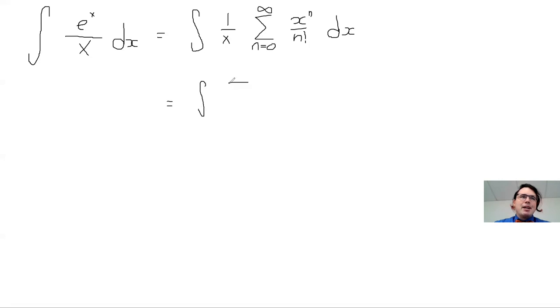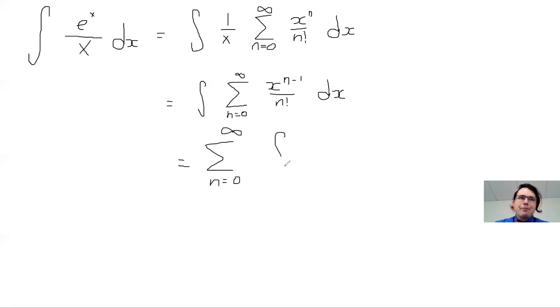Now I'm going to divide everything I see by x, which means that I'll have the sum from n equals 0 to infinity of x to the power n minus 1, all divided by n factorial. Integrate with respect to dx, and bring the integral sign inside, see what I get.